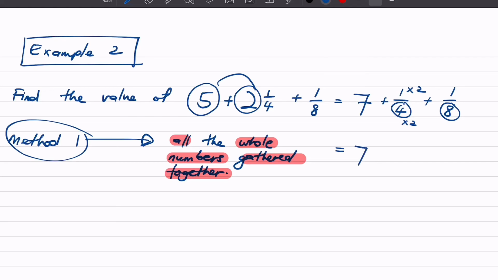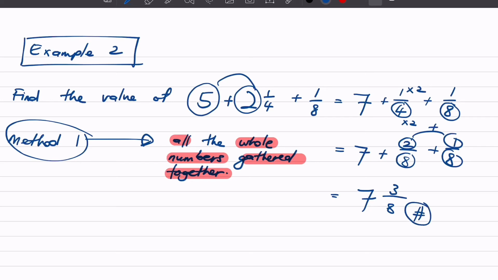So this will become 7 plus 2 over 8 plus 1 over 8. The denominator is the same, so you maintain. You just have to add the numerators, which gives 3. Can you simplify after this? No. So this is your final answer. This method is the easiest method to use.